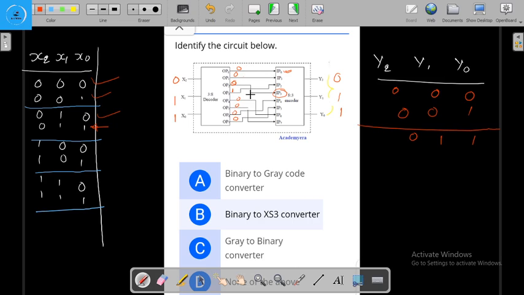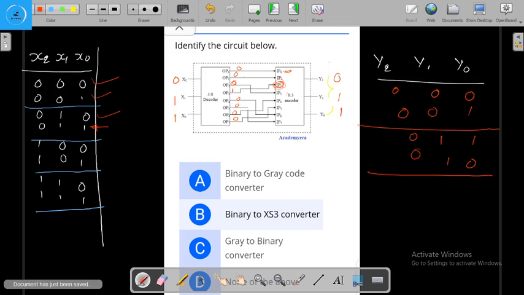This op3 is connected to ip2. So for 0 1 1 as an input, ip2 will be activated, and the output we are going to get corresponding to ip2 will be 0 1 0, right?